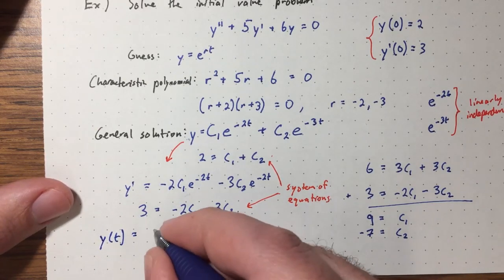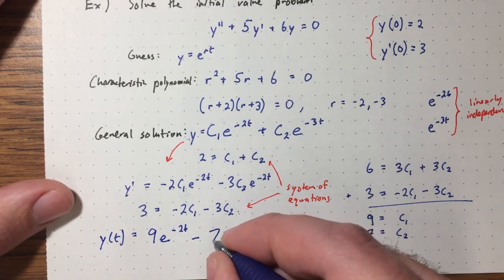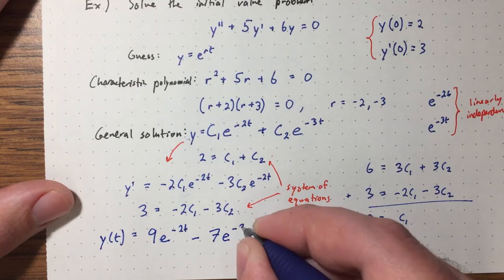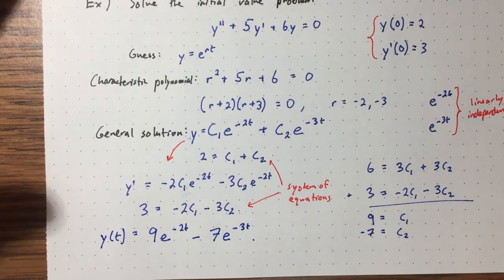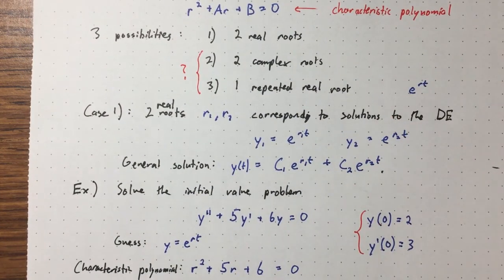It's 9 e to the negative 2t, minus 7 e to the negative 3t. And I'm done. So we solved our first second-order linear differential equation. Next time we're going to talk about what to do in this case. What if we have complex roots for the characteristic polynomial?